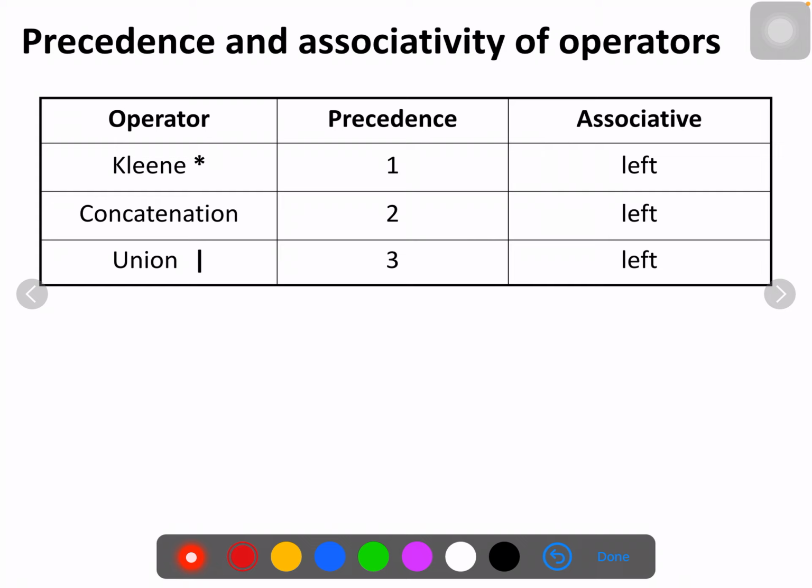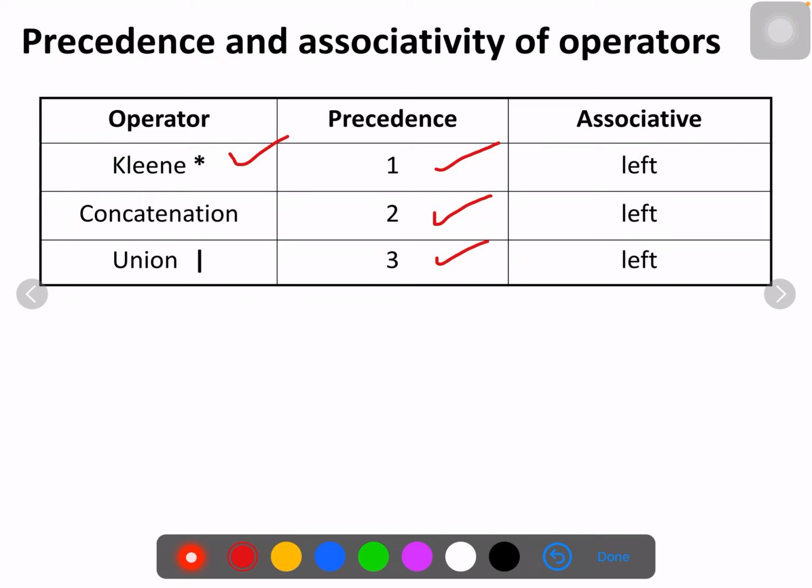Apart from those two examples, we'll see the precedence and associativity of operators. This table plays an important role while solving or simplifying a RE. First of all, you must know the precedence of these operations. Associativity of these three operators is left.